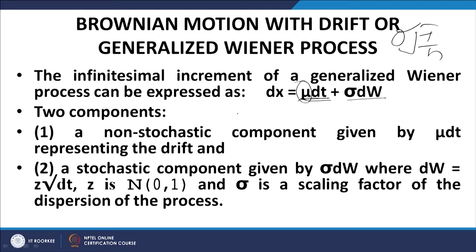It increases as time progresses. So, this is called generalized Brownian motion, or Brownian motion with drift. This is the drift term, and this is diffusion. Mu dt is the drift term. It is also called the generalized Wiener process.